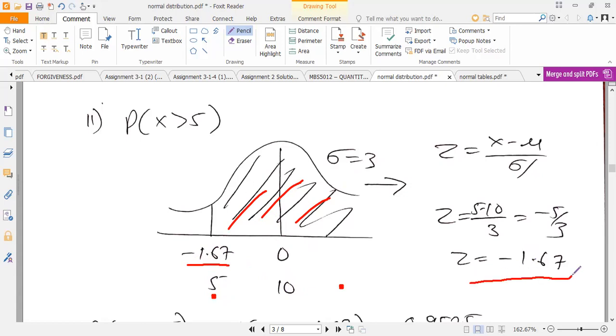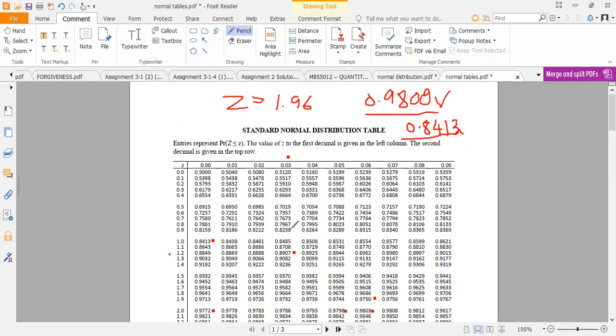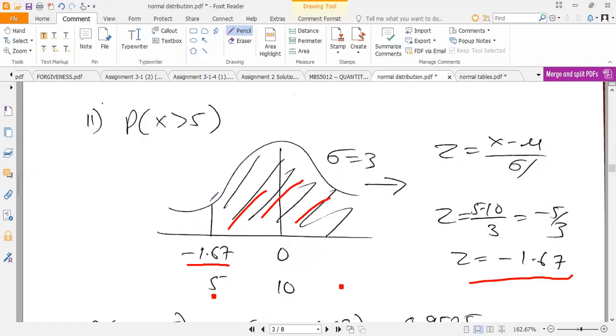You preferably round off to the nearest 2 decimals for you to read the normal distribution table. So negative 1.67, when you go into the table here, you look for 1.6, under 0.07, you find 0.9525. So this cannot be the reading from here to here, no, 95%.